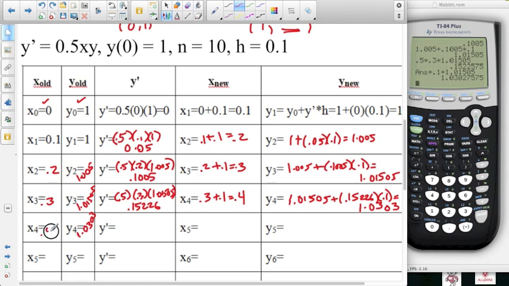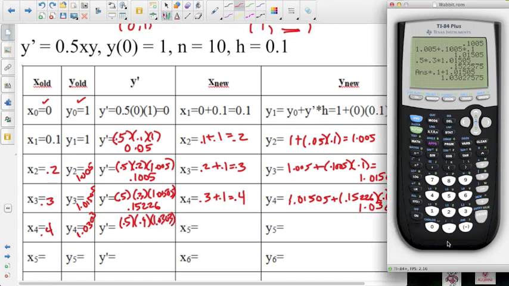My new value for x is 0.4. I'm going to go ahead and calculate my new slope. 0.5 times 0.4 times 1.0303. And when I calculate that, I'm going to play the same trick over here.